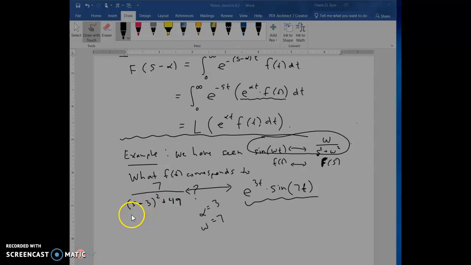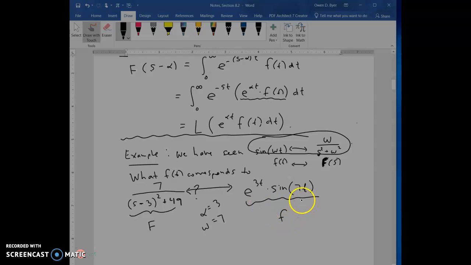Actually, I realize I just said that wrong. This is our capital F. That's what you get if you integrate the little f right here. So integrate this from 0 to infinity, multiplied by e to the negative st. That's what brings in the s, which gives you this side over here.